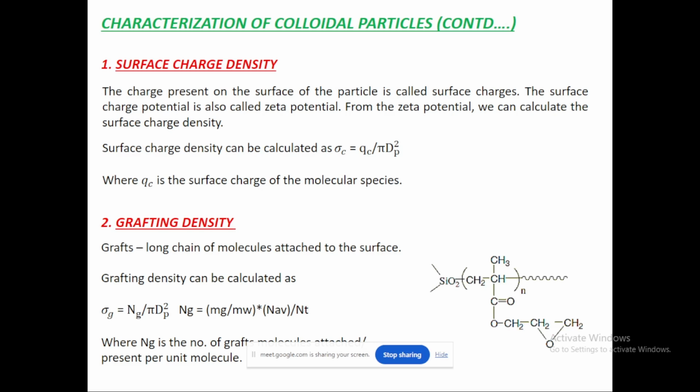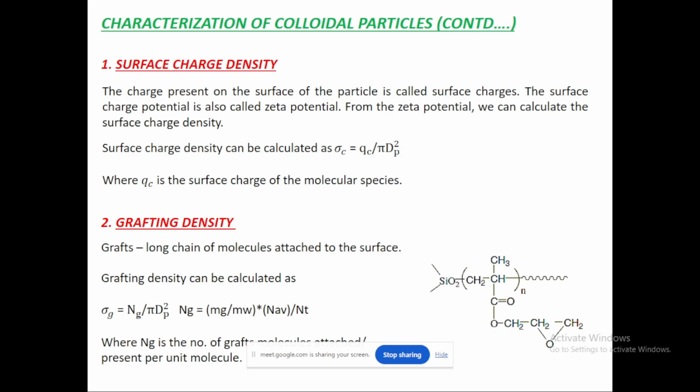So you need to multiply the value 2 times the factor 1.6 into 10 to the power minus 19, and that is the total charge stored on the particle. It's not 2, it is 2 into 1.6 into 10 to the power minus 19 coulomb that is present on the surface of the particle. So I would like to once again clarify that.